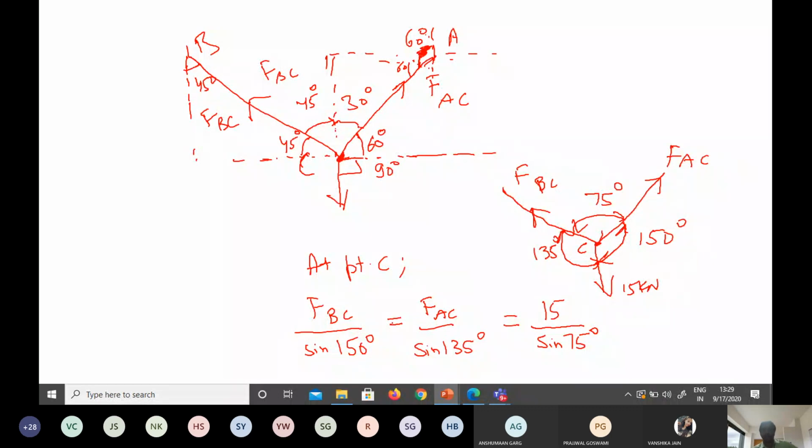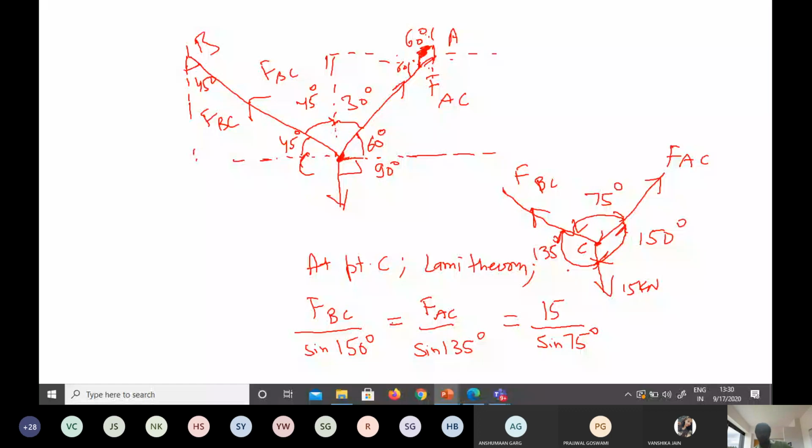Once we calculate the angle part, we have to apply Lami's theorem. So at point C, apply Lami's theorem. We write FBC upon the angle, which is sin 150. This is FAC upon sin 135, and this is 15 upon sin of 75.